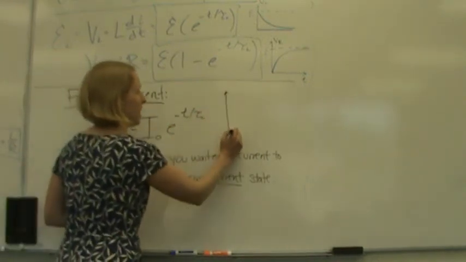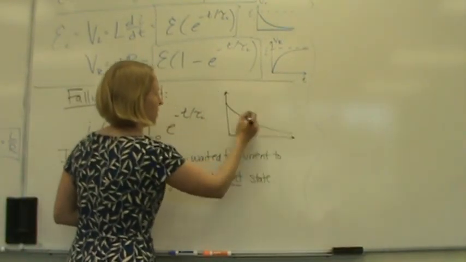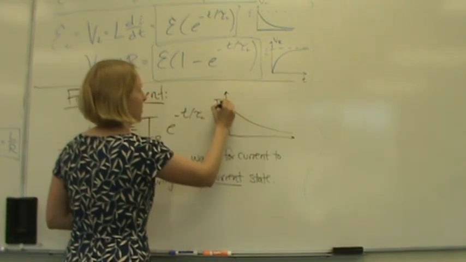So again, this graph is going to look something like this, with your initial value being I naught.